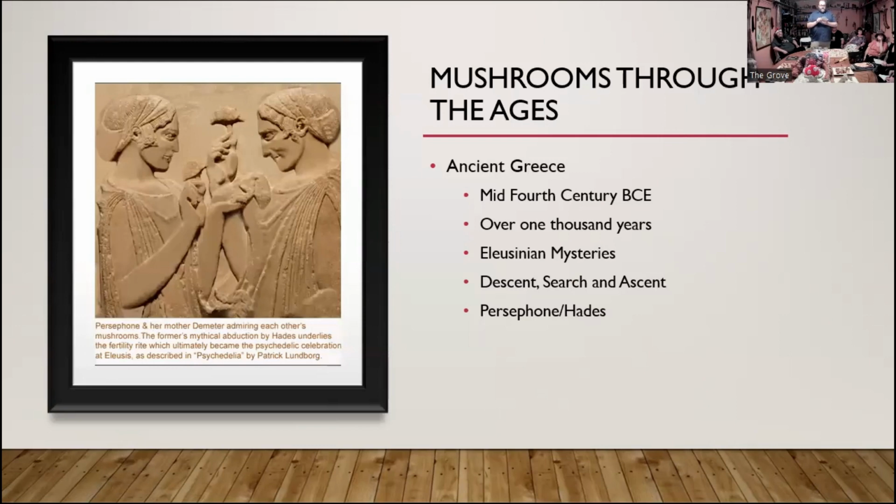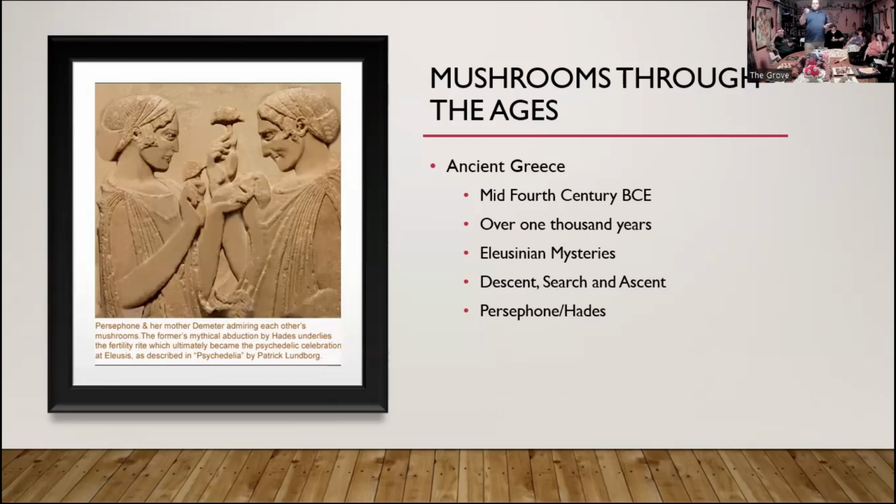Now, next one, ancient Greece. This one's fun because it will tie into our next subject, which is the psychedelic mushrooms. So, ancient Greece, mid-4th century. A lot of the philosophers used the psychedelic mushrooms, which inspired them in their works. It was also related to what they considered a cult, the Eleusinian mysteries.